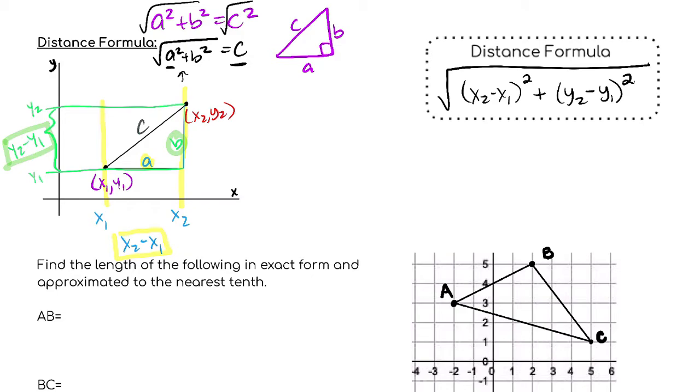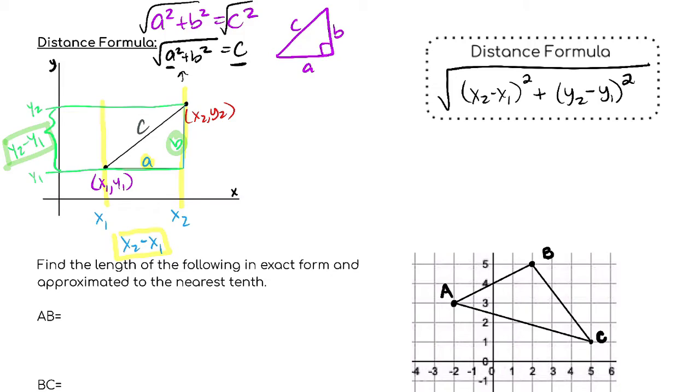So here is our formula in terms of the coordinate grid, in terms of our points as though they are written with x1, y1 and x2, y2. You will be using the coordinates from the actual points and plugging those in for your x2 and your x1 and your y2 and your y1. Then you will simplify, and you will usually write your answer in simplest radical form.